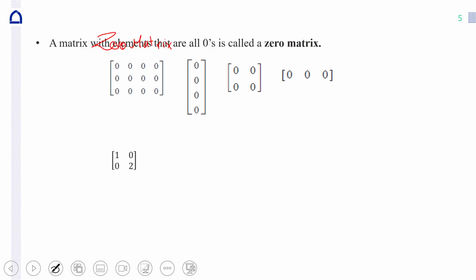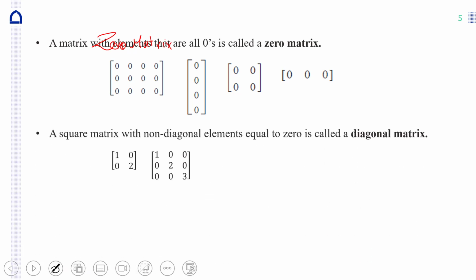A matrix whose non-diagonal elements are equal to 0 is called a diagonal matrix. It means only the main diagonal has possibly non-zero elements, and the rest of the elements are 0.